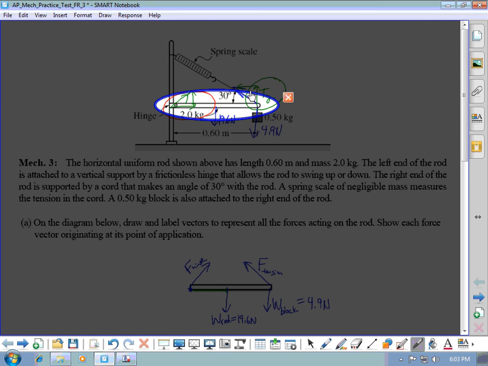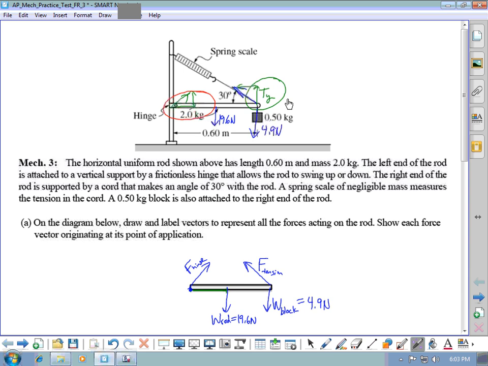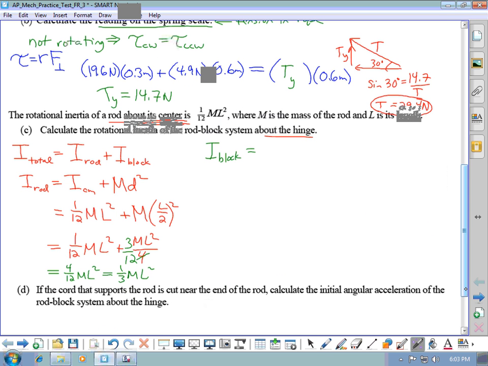It's just mr squared for a point mass. This m is a different m, it's the mass of the block. And r was the length of the rod, so that's the mass of the block times L squared.